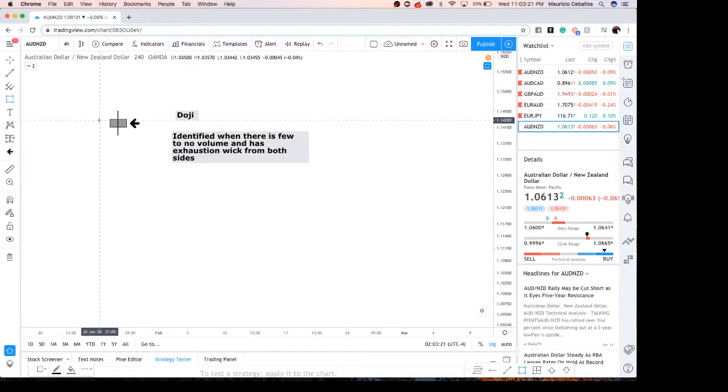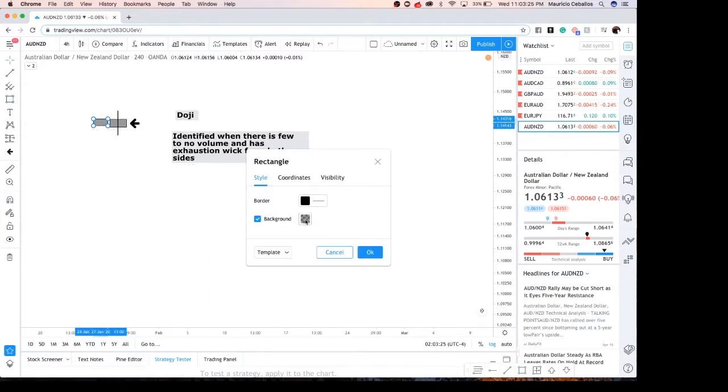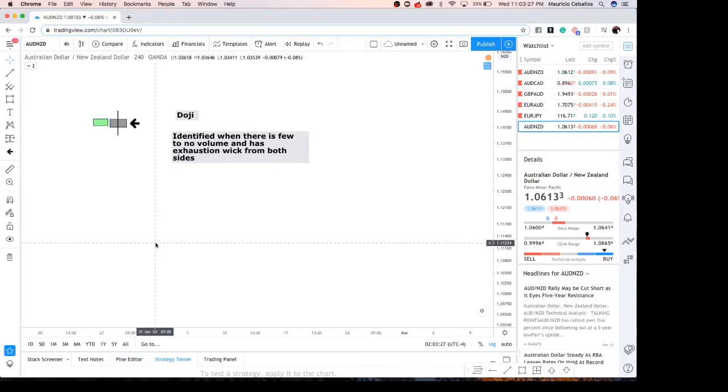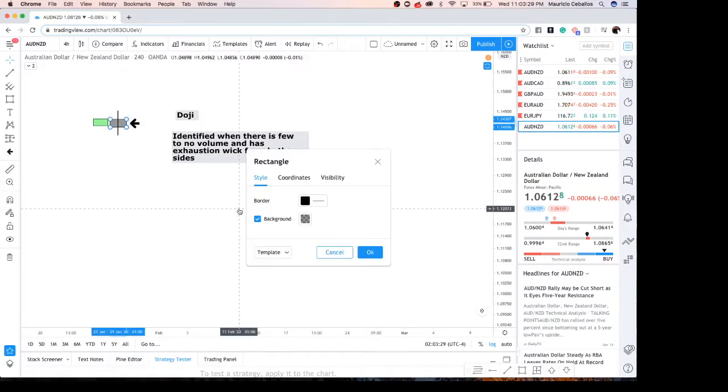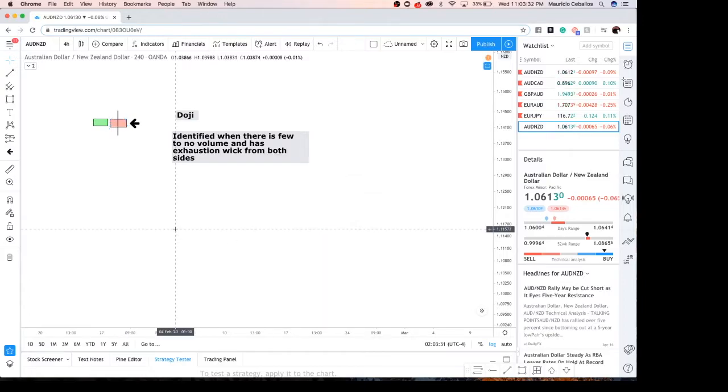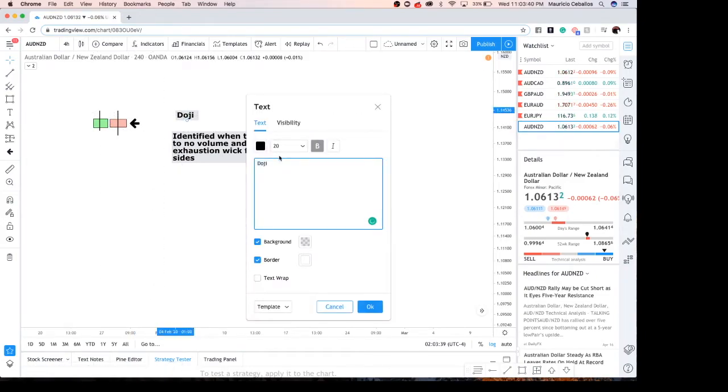Now, if I see this, a green and a red candle, they look like dojis, but they have some volume in there. What would this be considered? This would be considered an indecision candle.